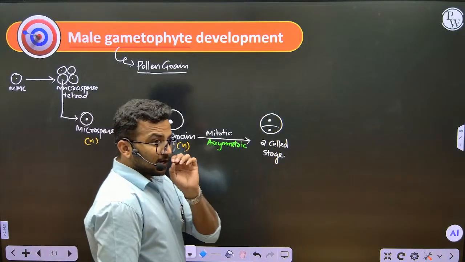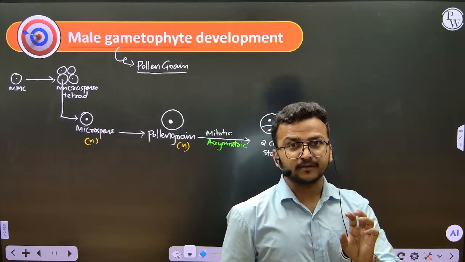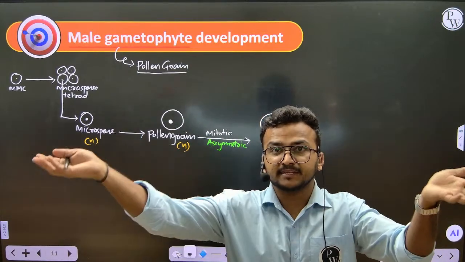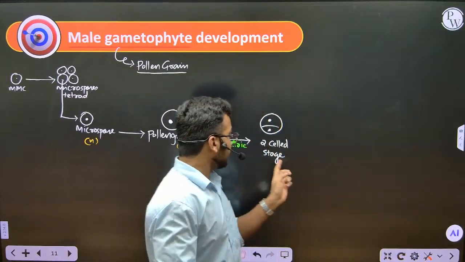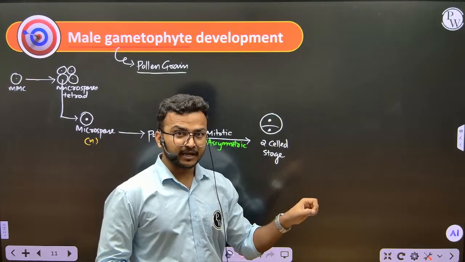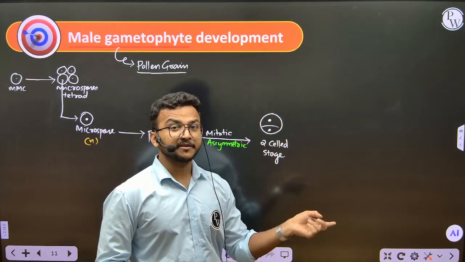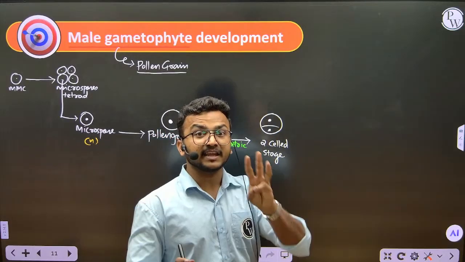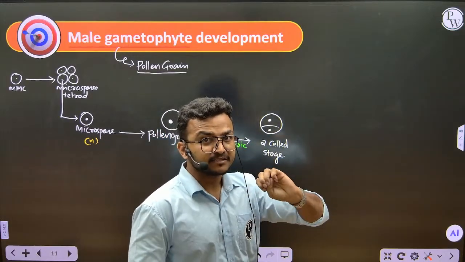Some pollen grains in some plants, in some flowers, will be released from the anther at a two-celled stage. And some pollen grains in some plants, in some flowers, will shed at a three-celled stage. Three-celled stage in the sense what?